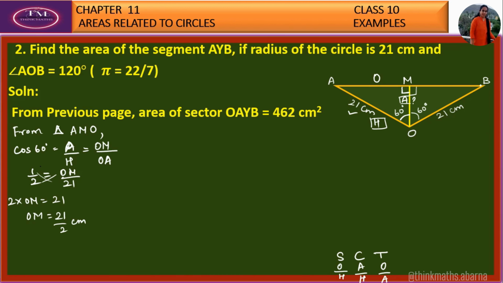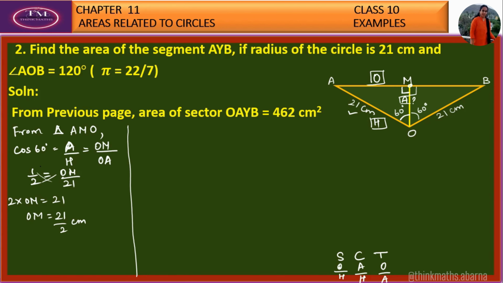To find out the value of AB, if we find out the value of AM, it is enough, because AM and MB are equal. As M is the midpoint of AB, AM and MB are equal. Okay, children. So to find AM, AM is the opposite side, and we know the hypotenuse.